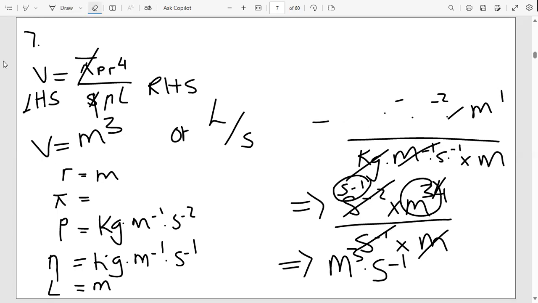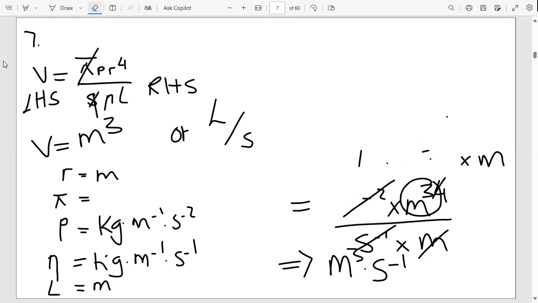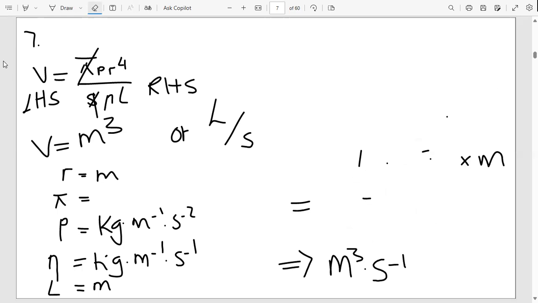So you can see that what we found on the right hand side is the same as the dimensions that we found on the left hand side. Hence, we can conclude that our equation is dimensionally consistent.